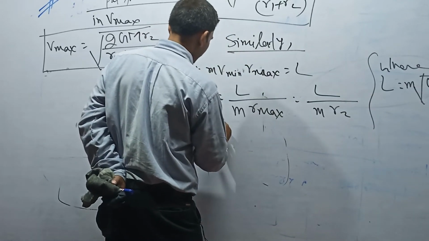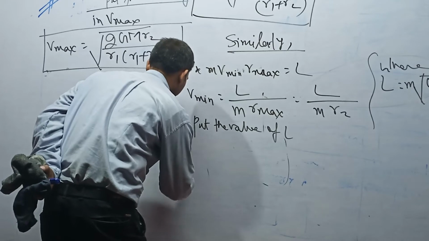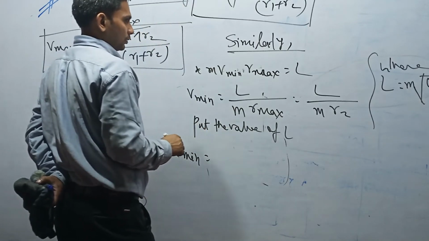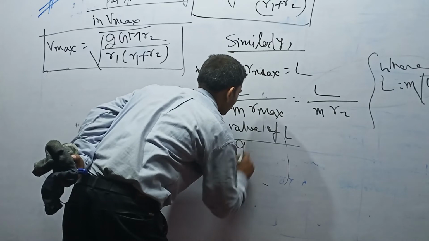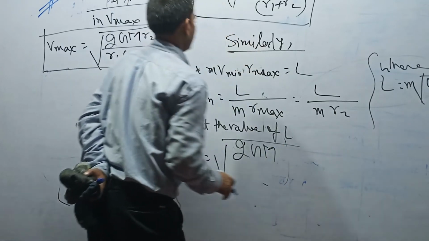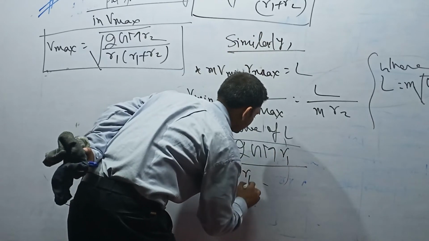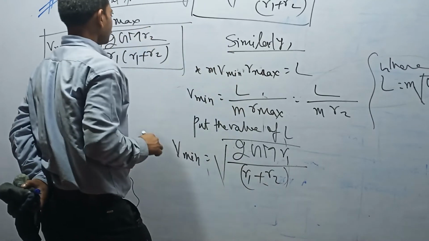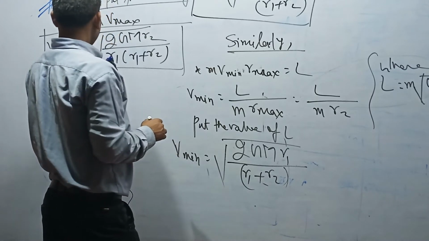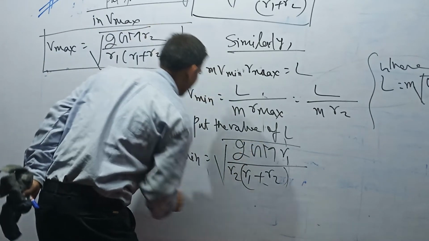Put the value of L. Now V minimum is equal to under root 2 G M R1 upon R2 into R1 plus R2.